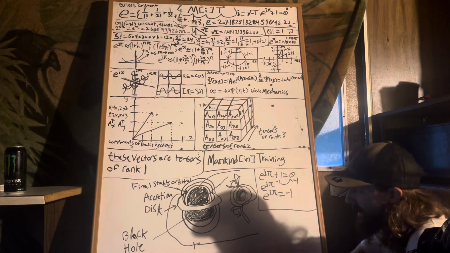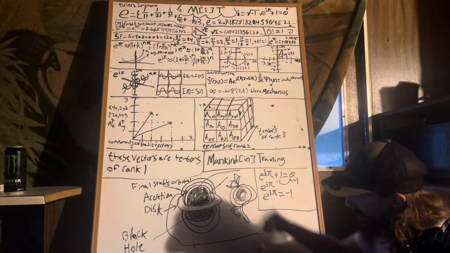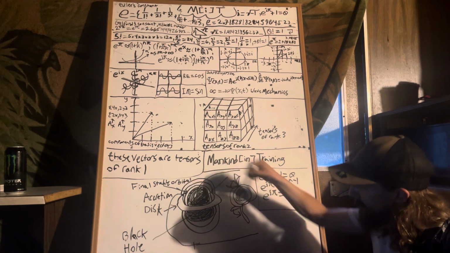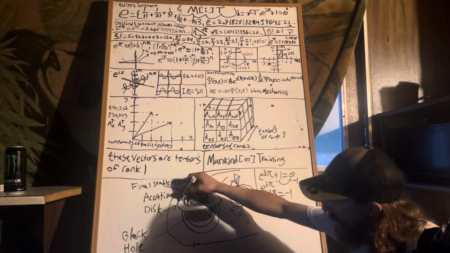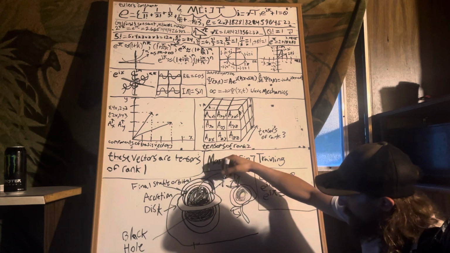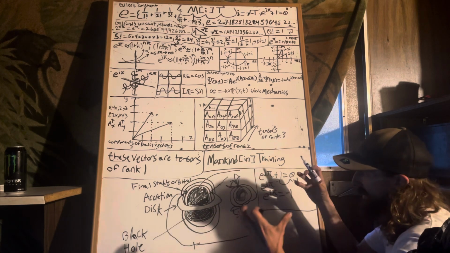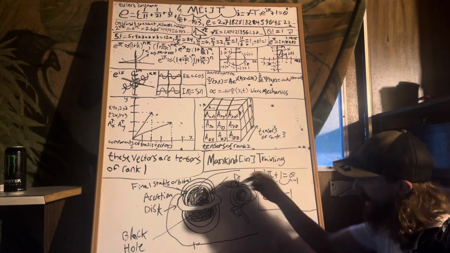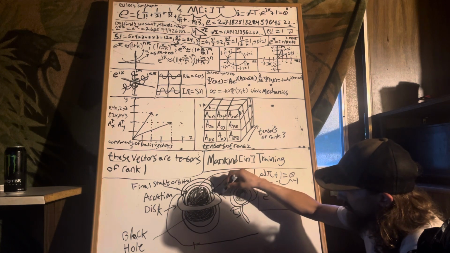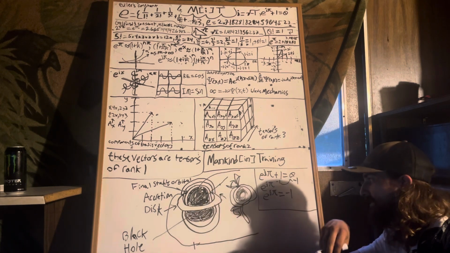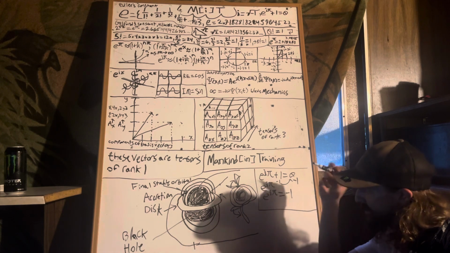Now, what you're seeing in the picture is called an accretion disk. This is made up of light and matter that has been sucked into an orbit, and it's spinning extraordinarily fast.